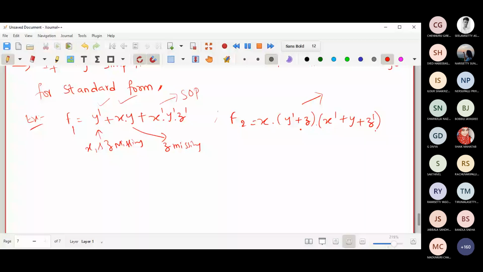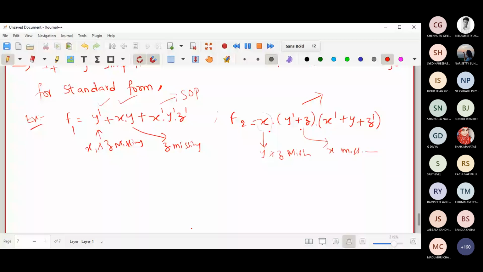Two sum terms. Clear? For the first term, only x is there. What is missing here? Y and z are missing here. In the second one, x is missing. So this is purely a standard form.